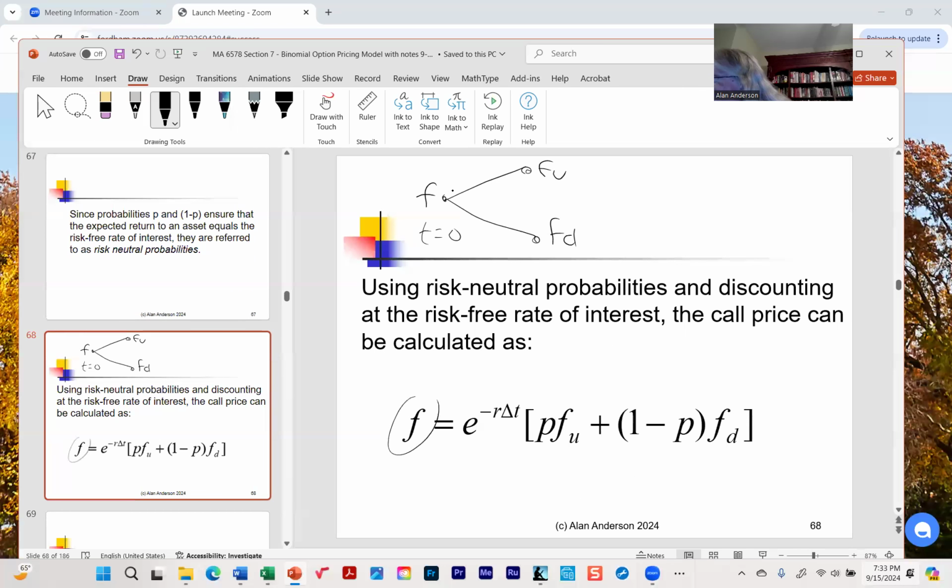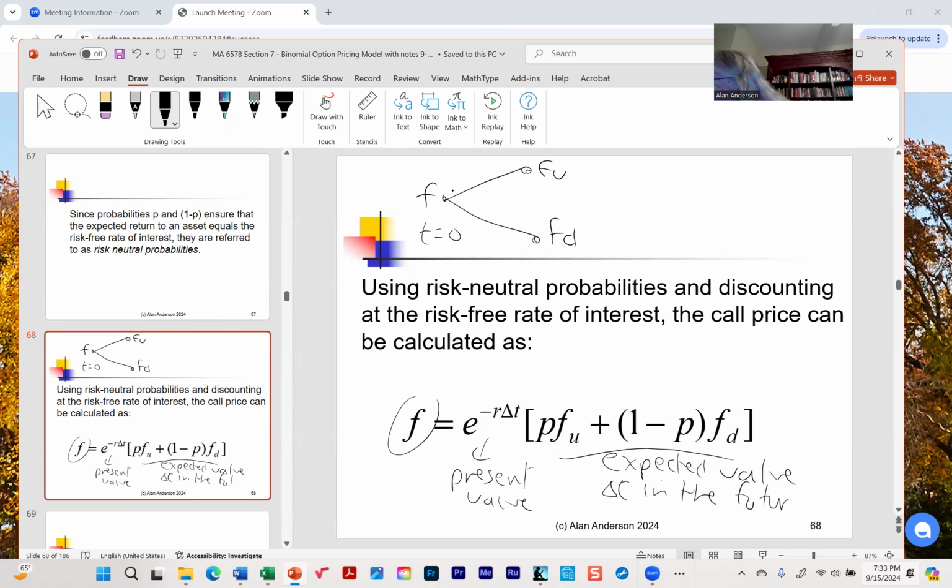But its value today is the present value of the expected value delta T in the future. The reason we have to do this is because we don't know what it actually will be. We're not trying to forecast the future. What we're saying is that we know what on average it should be. Sometimes it'll go up, sometimes it'll go down. What is it going to be equal to on average? And that's what this is telling me.